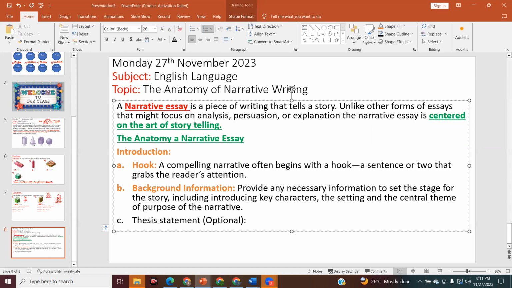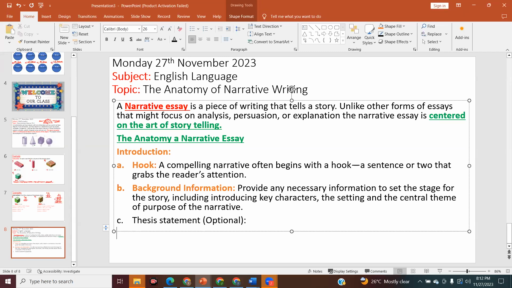But for a narrative essay, it's not like you're writing a defense to a certain argument. You're just basically telling a story. So a lot of persons don't have a thesis statement in a narrative essay, at least in the introduction, but the themes are there. So the thesis statement is optional, very optional.